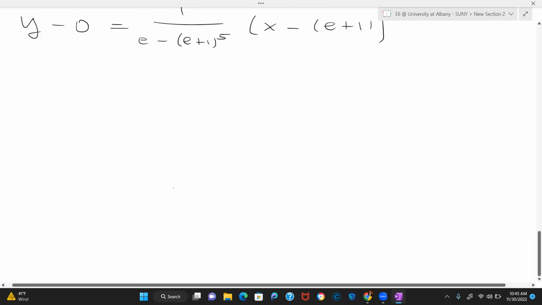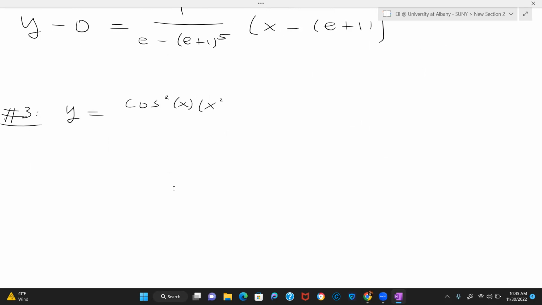All right. Let's do number 3 now. So we got this function, y is equal to cosine squared x times x squared plus 1 to the fifth, divided by sine of x times x plus 1 to the 10th.